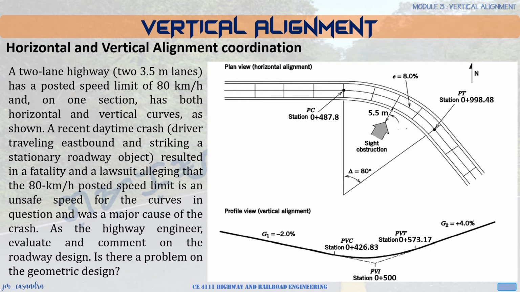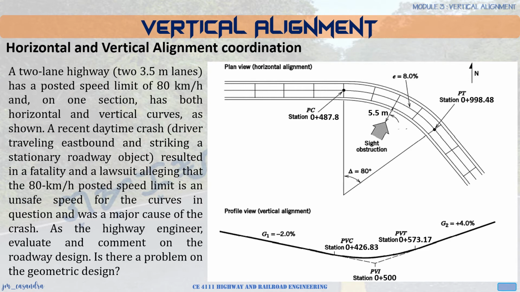So as the highway engineer, evaluate and comment on the roadway design. Is there a problem in the geometric design? Is the posted 80 km per hour speed limit really the cause of the accident?